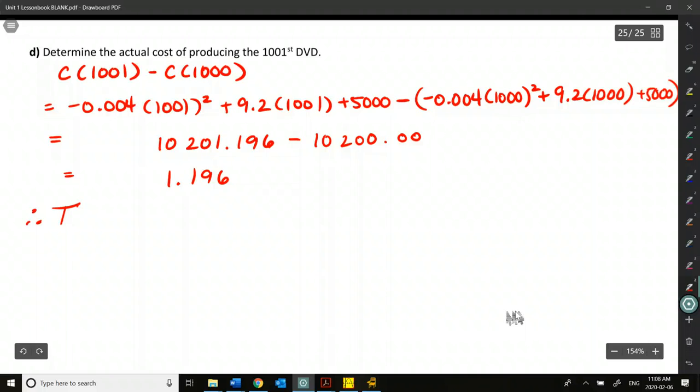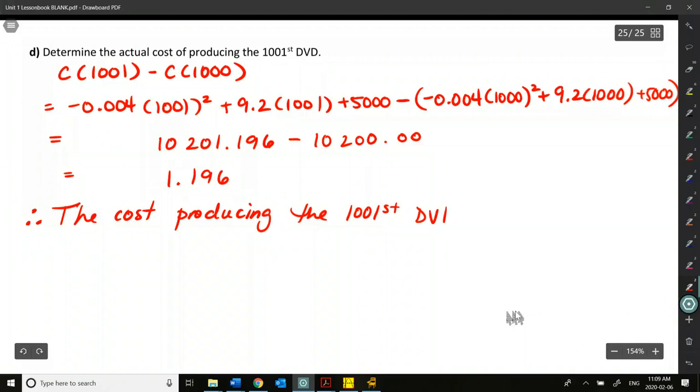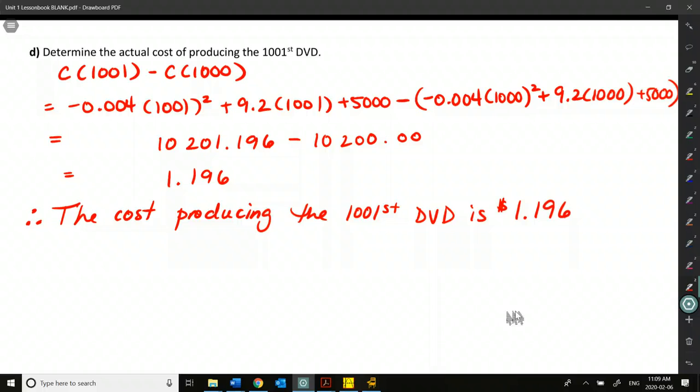So you can say therefore the cost of producing the 1,001st DVD is about $1.196.